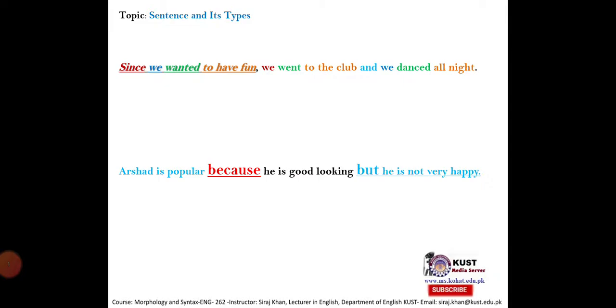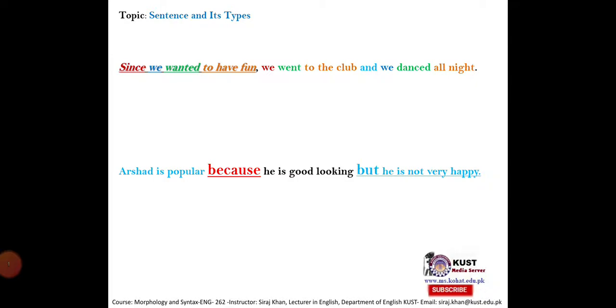Arshad is popular because he is good looking, but he is not very happy. Arshad is popular is an independent clause. Because he is good looking is the dependent clause here, but he is not very happy. Because is a subordinating conjunction and but is a coordinating conjunction.